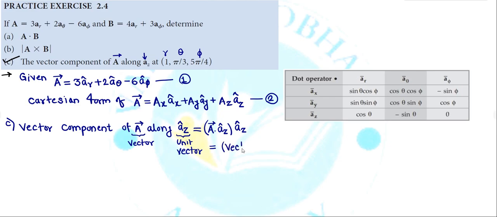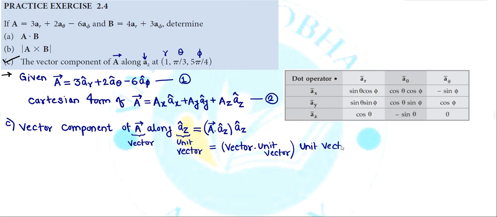Keep in mind, the vector component or vector projection is your given vector having the dot product with respect to the given unit vector, multiplied simply by the unit vector itself.